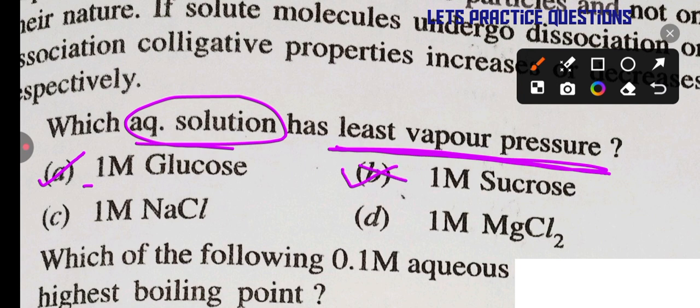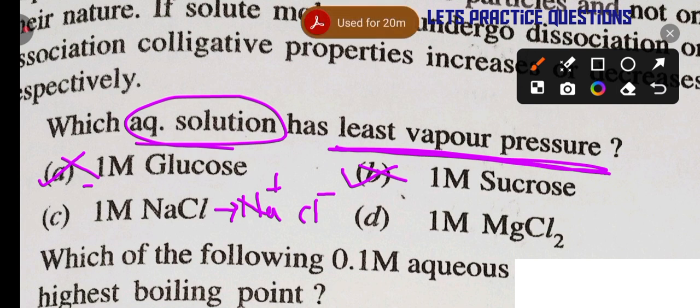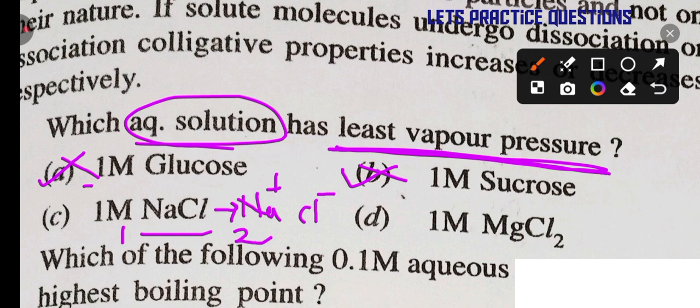This will not dissociate. Here 1 mole of NaCl, when it dissociates, will form 1 mole of Na plus and 1 mole of Cl minus. When 1 mole dissociates, it will form 2 ions, 2 particles.